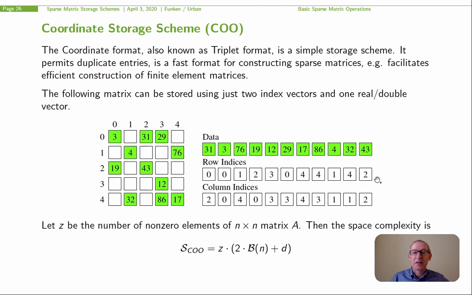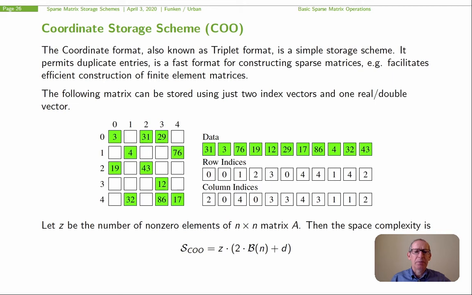Let's say you have again 2, a 0, and 2 here, but then the 31 could be split into 29, and here the entry would be 2. And in some sense, you will get the same result if you do the matrix vector multiplication. That could also occur for the finite element method if you don't assemble the matrix, if you just store the submatrices. You will see later what I mean with this idea.